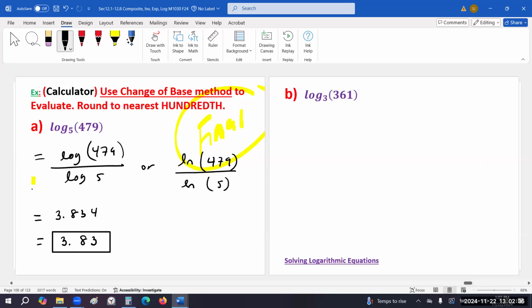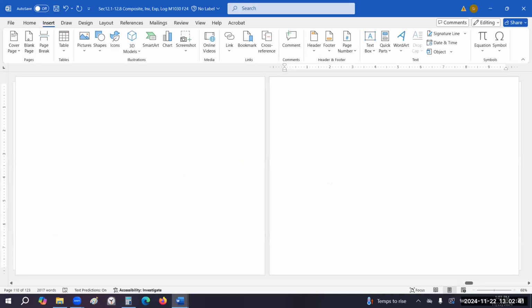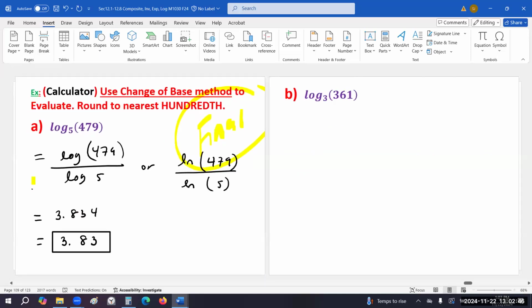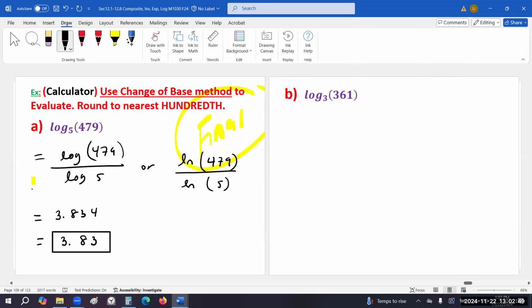One more. Ln 361 over ln 3. 5.36. What's the next number? 0.